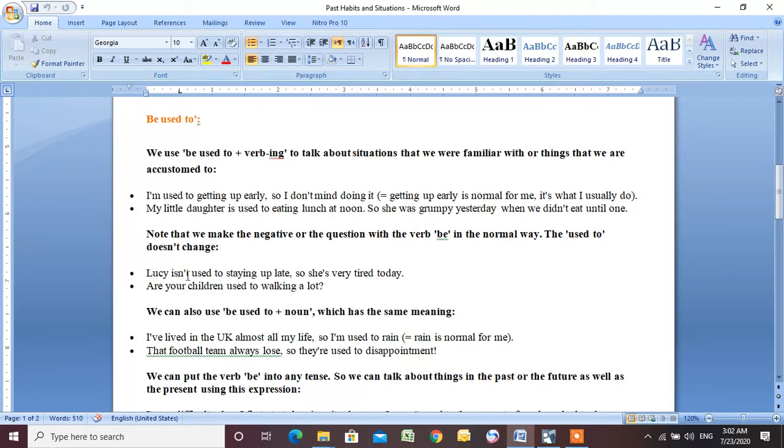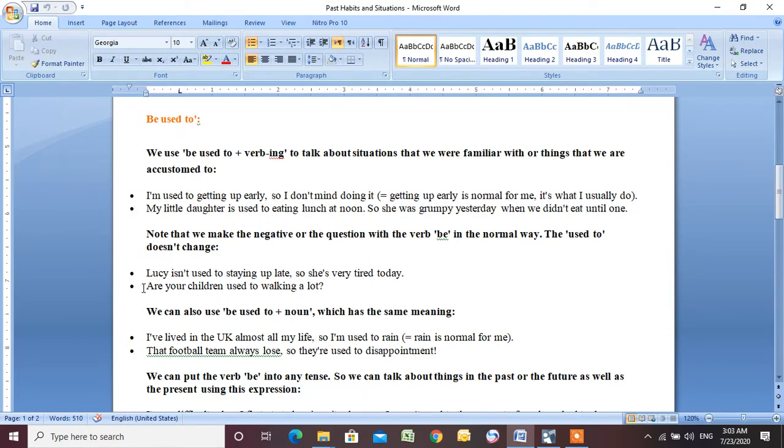So Lucy isn't used to staying up late. What we did, we put not: is not used to staying. So verb to be plus not, and used to plus verb plus ing. So she's very tired today.